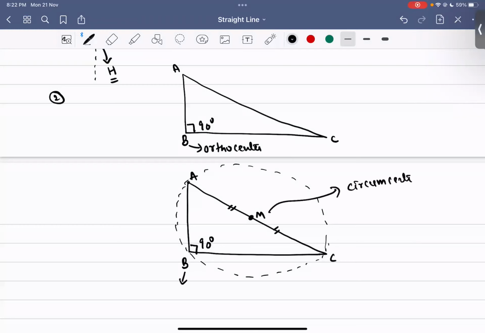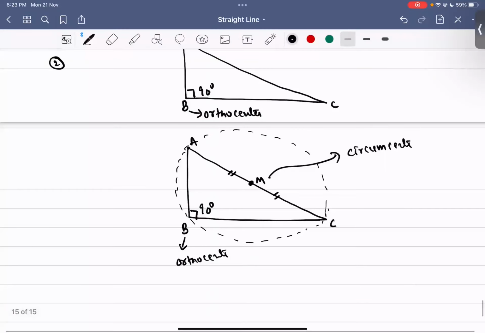So this is the circumcenter, and this is the orthocenter. I'll write one statement for circumcenter: midpoint of hypotenuse.